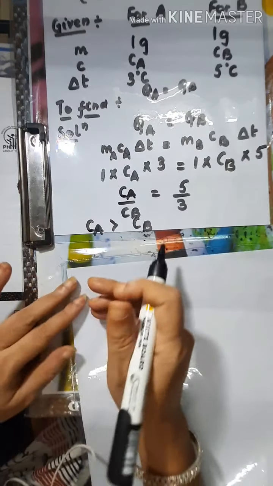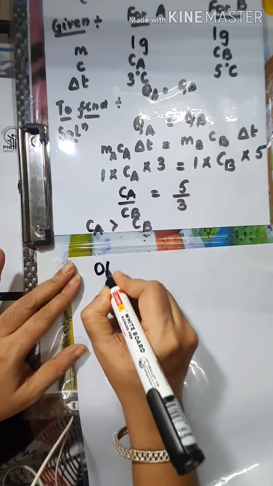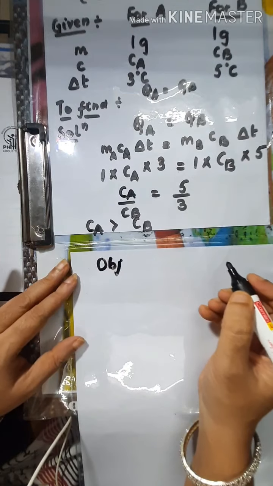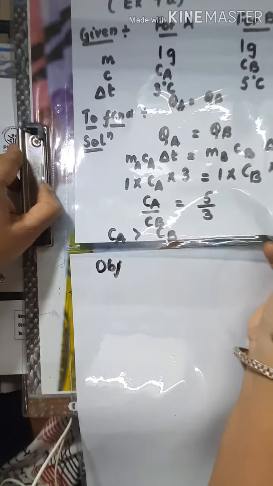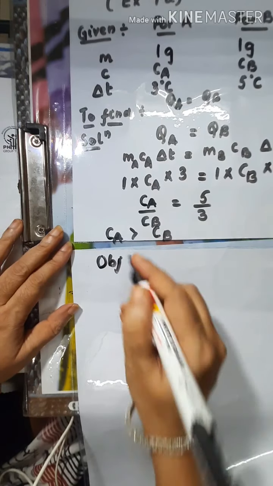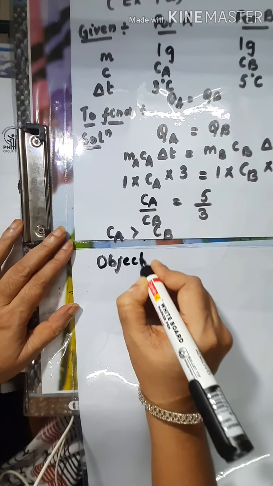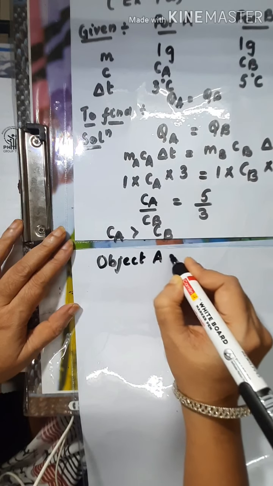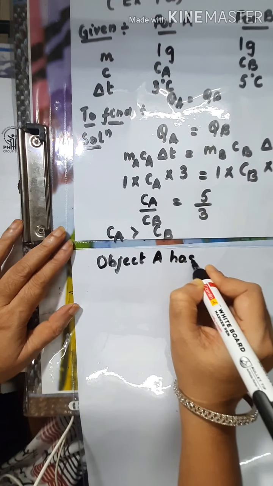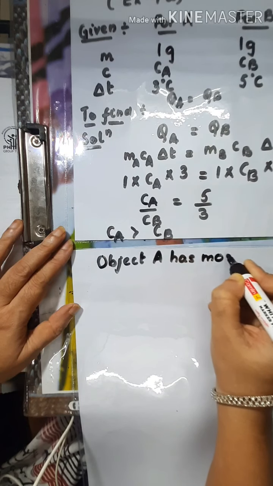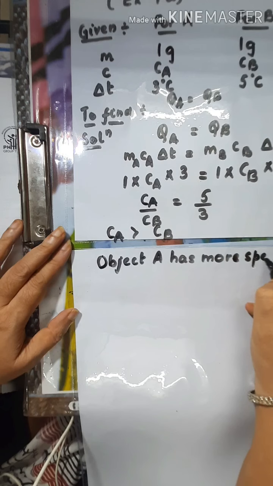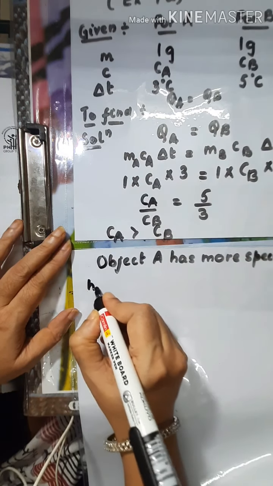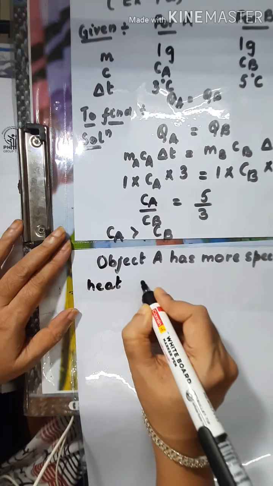We will say that object A has more specific heat capacity.